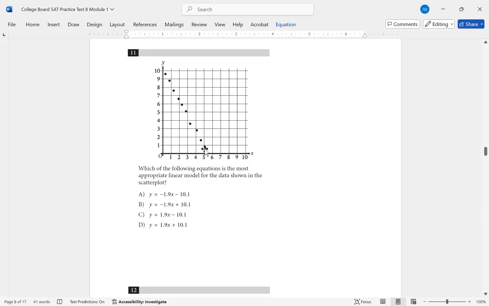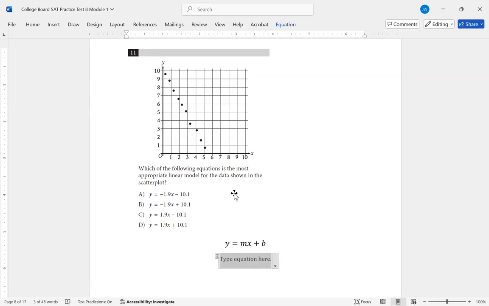So if I just look at those two things, I need to have a negative slope. So we've got to have mx plus b. I'm saying m needs to be negative. The only option for that is the negative 1.9. So m is going to be negative 1.9. Let me just replace that m with a negative 1.9, and then plus b.